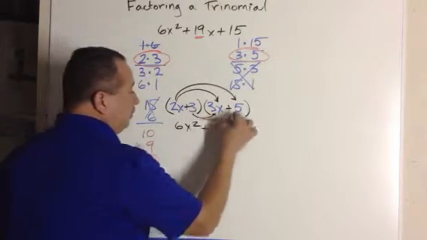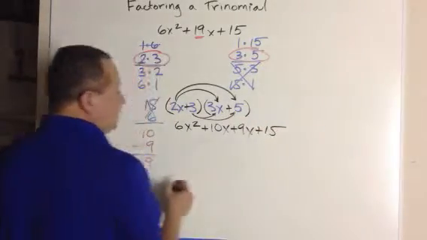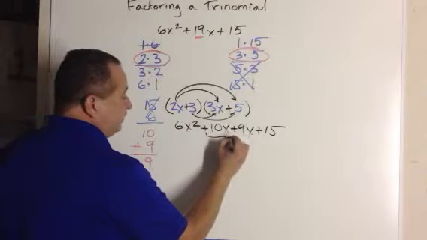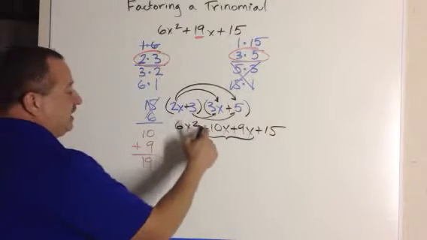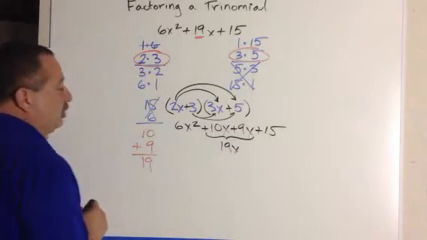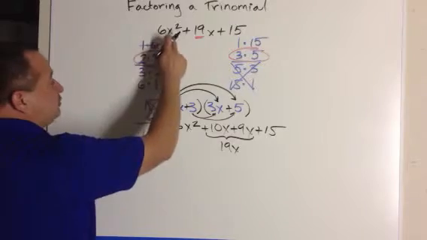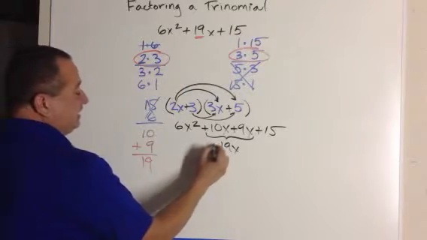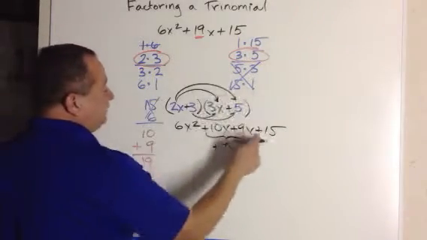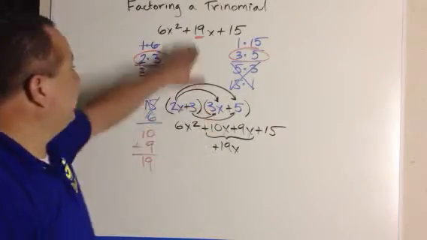And the final one would be 3 times 5 is 15. These here, we can combine. 10x plus 9x is 19x. So if you look at our equation, it's the same thing. We have 6x squared plus 19x plus 15. So this is the correct factored form of the original trinomial.